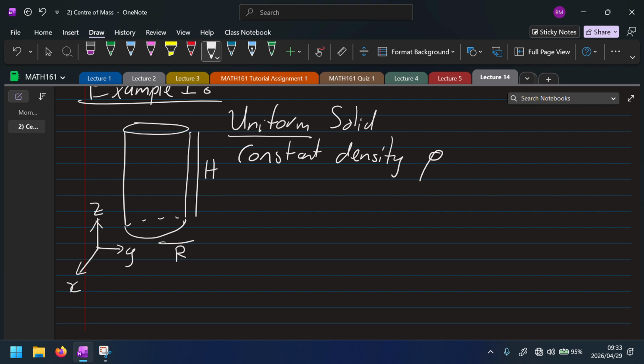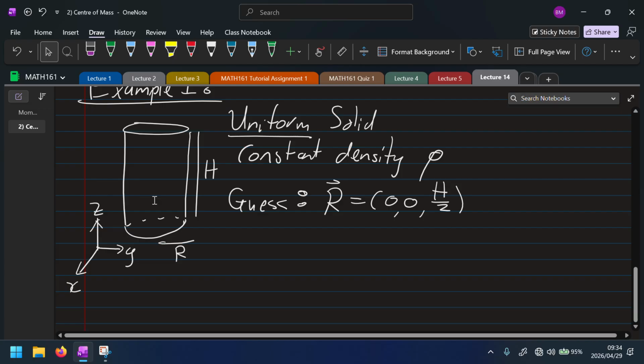H over 2. That seems reasonable. So we have a very reasonable guess for the center of mass: 0, 0, h over 2. Let's do the long and boring calculation. We should end up with this.